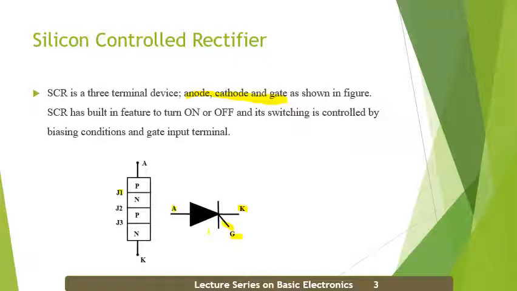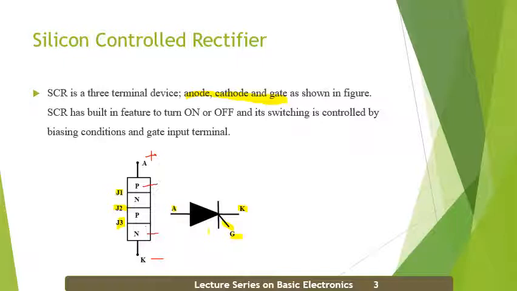This is junction J1, this is junction J2, this is junction J3. Whenever I connect this anode with a positive terminal and the cathode with a negative terminal, what is happening is, your P junction and your N junction are receiving positive and negative.